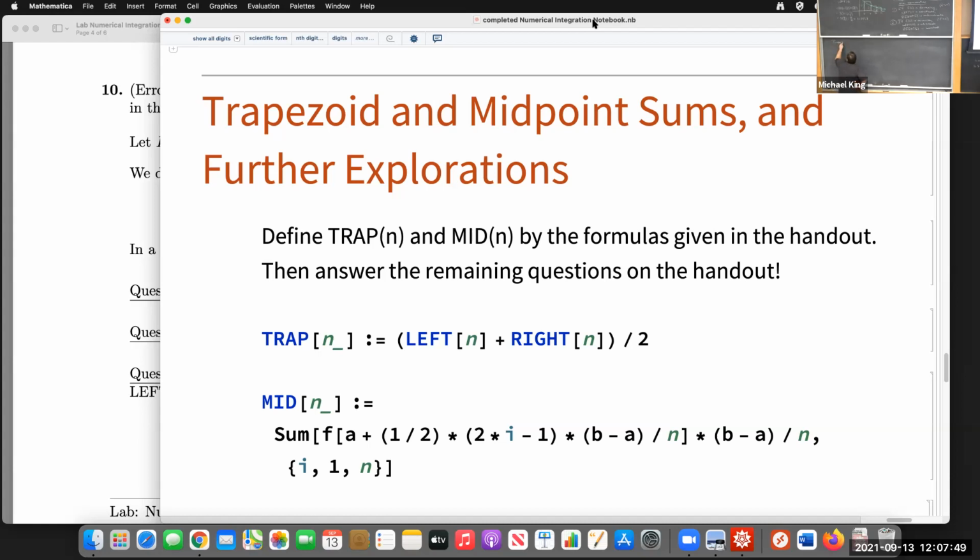Okay, so let's just say the trapezoid sum. We talked about that, but I do want to draw pictures too, because there are also facts similar to those that we can talk about, whether the trapezoid or midpoints are overestimates or underestimates. So if I draw a picture of something, let's say that's a graph that looks like this.